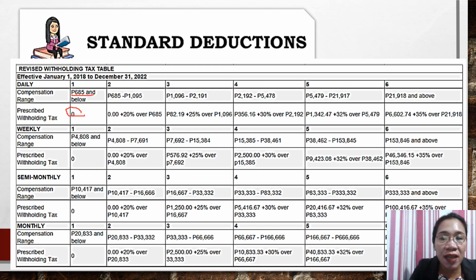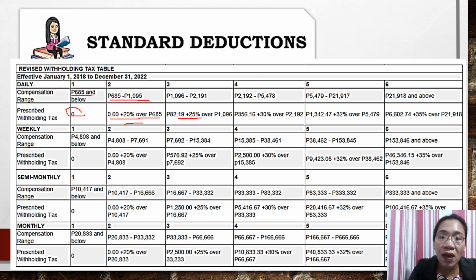For 685 to 1,095 daily wage, you will be deducted 20% of your difference. For example, your wage is 1,000, so 685 will be deducted from 1,000 and your 315 will be taxable for 20%. Ganun yun.